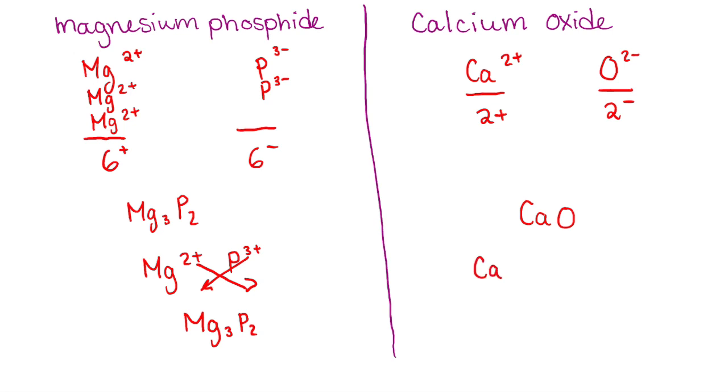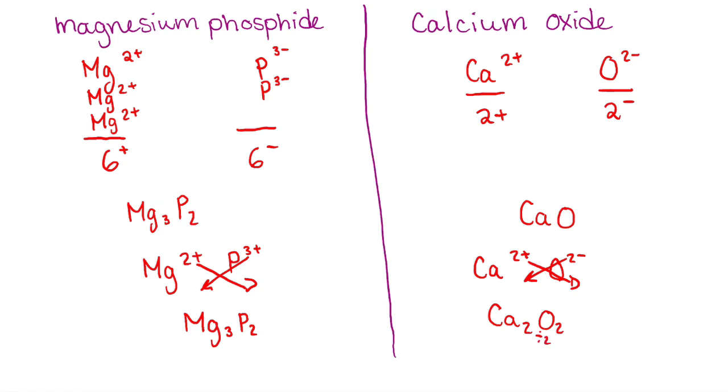For example, if you were to just take Ca2 plus O2 minus and use the crisscross shortcut, you'd end up with Ca2O2. This is incorrect. It's not reduced. This would be wrong.